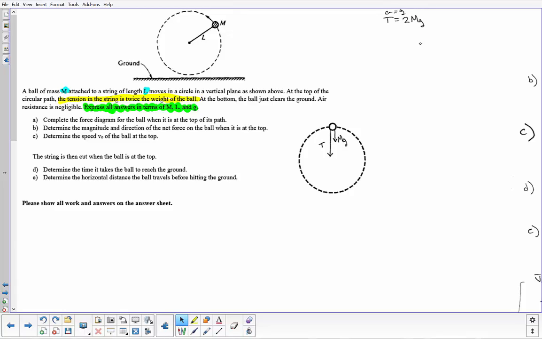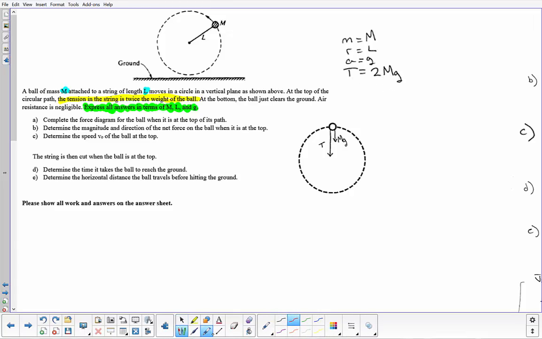But let's grab that knowns list. If you write this down, even though you don't have numbers, m equals big M, r equals big L, a equals g, m, L, and g. T, which I'm referring to as tension, is 2mg.